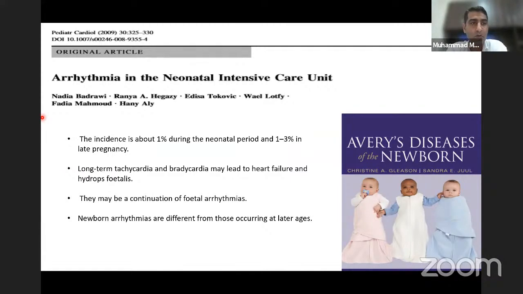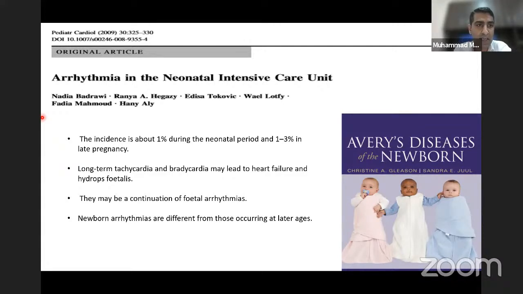They include tachyarrhythmias as well as bradyarrhythmias. If the patient is in long-term arrhythmia, either tachy or bradyarrhythmia, it can cause heart failure and hydrops fetalis. So it's very important to identify those abnormal heart rhythms, either tachy or brady, and then manage those patients accordingly.